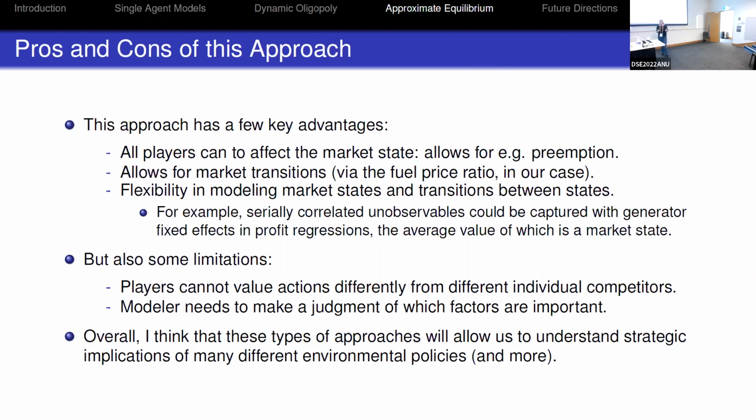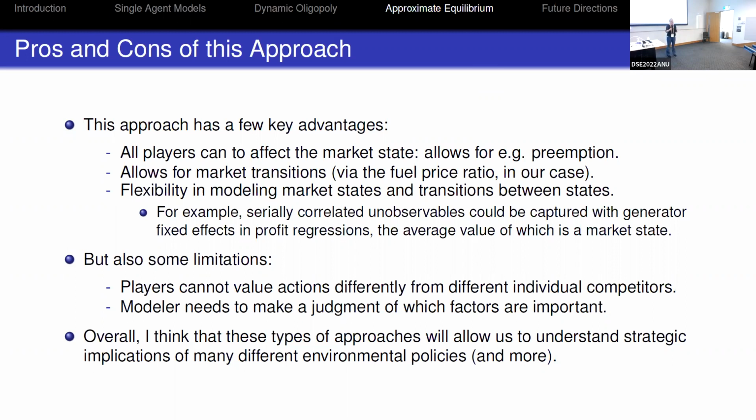Okay. Overall, my sense is that there are a lot of questions that these types of methods could be very useful in answering. And I think the strategic implications of regulatory interventions matter.